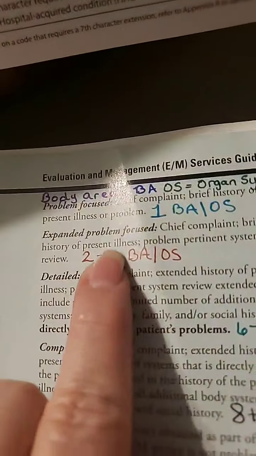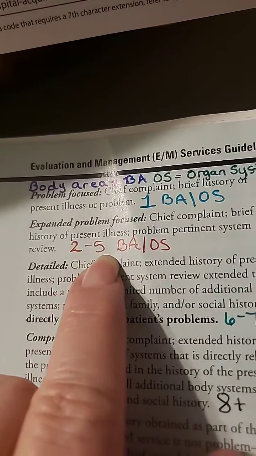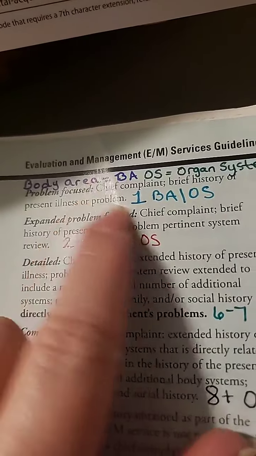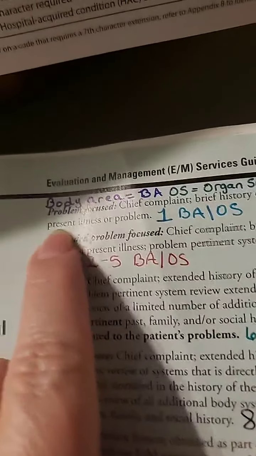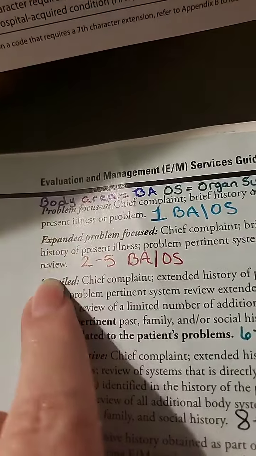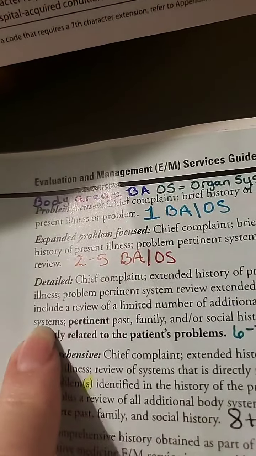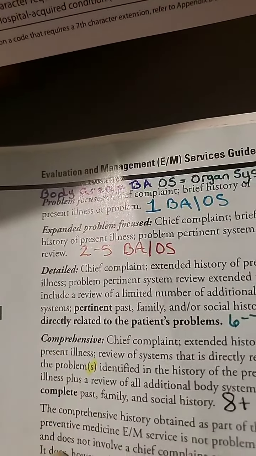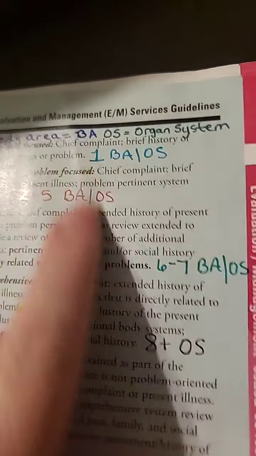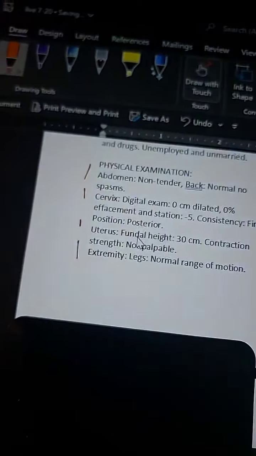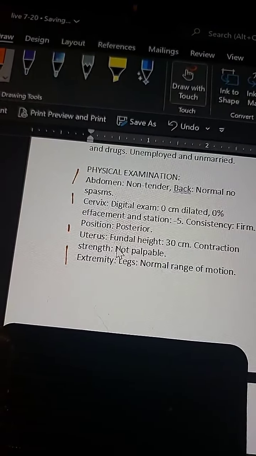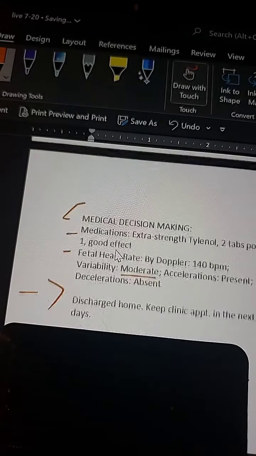We've got the expanded problem focused, anywhere from 2 to 5. We had 1 we could grow on with the medications, but just one body area gets you the 81. This would be the 82. This would be the 83. This would be the 84. And this would be the 85, the comprehensive, down here. So that is super handy, just starting to put some dashes down by what the physical exam was. Super handy dandy.